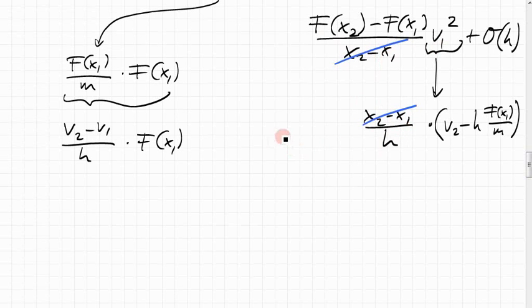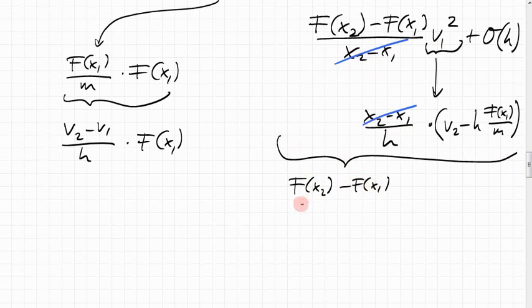So all of that expression would become f of x2 minus f of x1 over h times v2. And then we have got something times h and something of order h. All of that combines to something of order h.